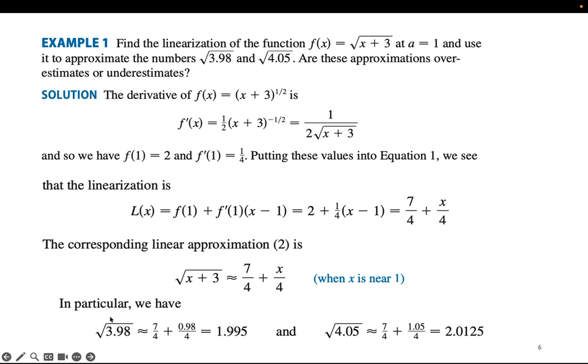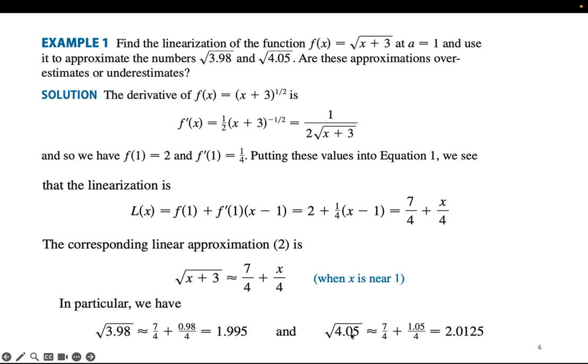For example, if you have to do this by hand, I can't do a square root, but I can do an equation of a line by pencil, and these are basic operations: dividing, adding. So that you can do by hand, but on the left side you cannot do that by hand. That's a little bit harder. And so to approximate this, I use the tangent line, and I get 1.995. So 1.995 is a tangent line approximation to this.